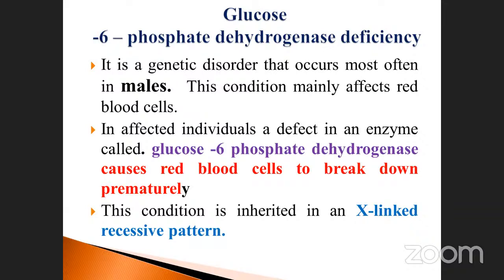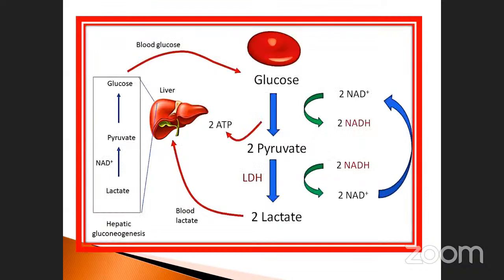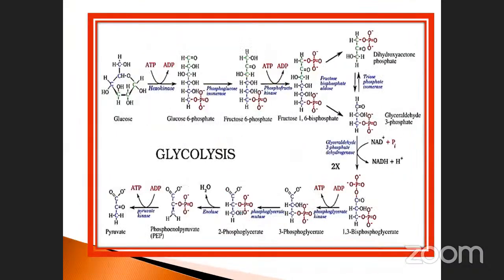See that the glucose molecule, a 6-carbon compound, is converted into pyruvate, which is a 3-carbon compound. So you will get 2 pyruvate compounds. During this process, how many enzymes are involved? It is a 10-step process, and at the same time, 10 enzymes are involved.